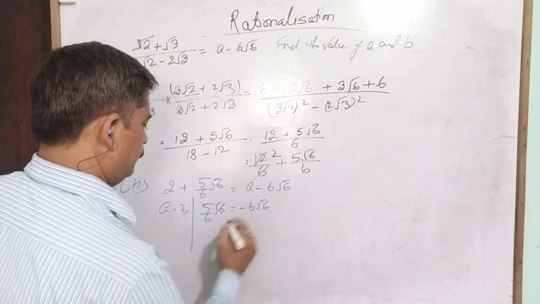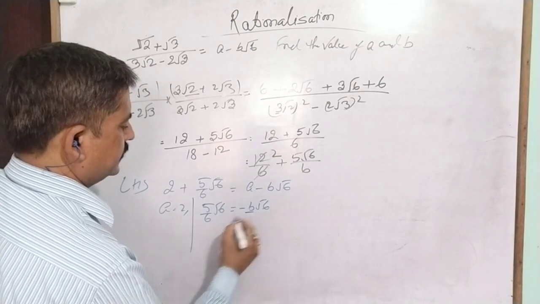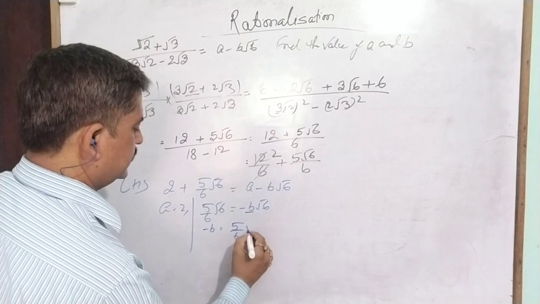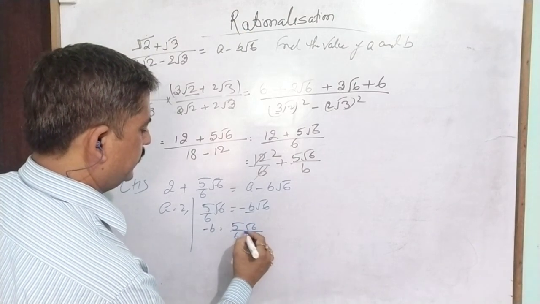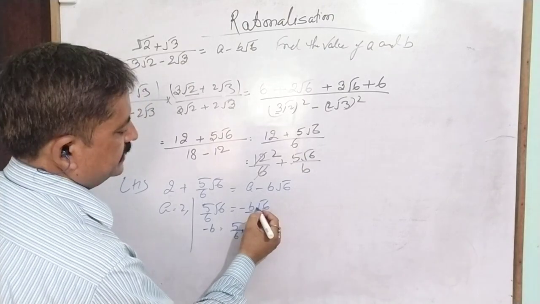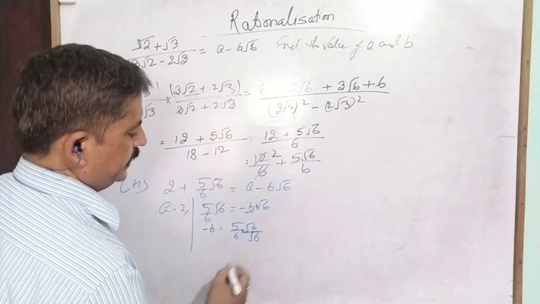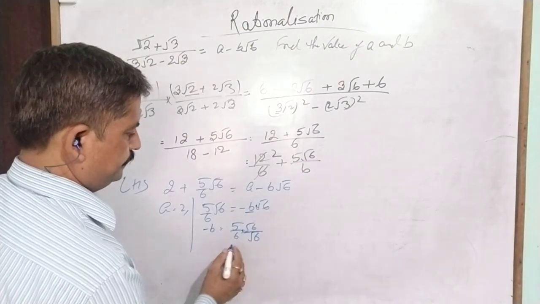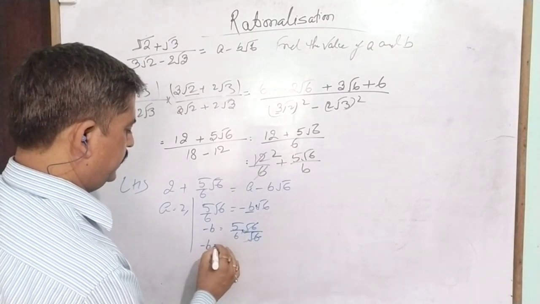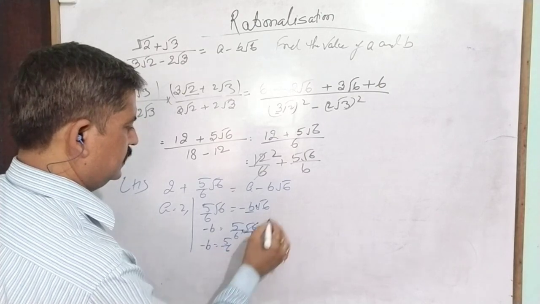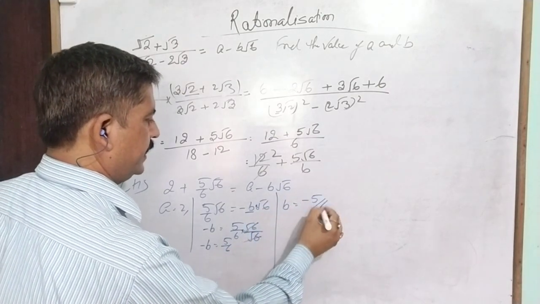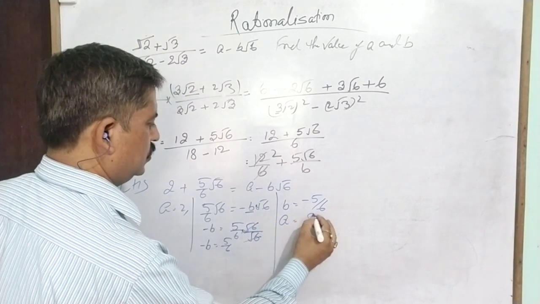So minus b equals 5 by 6 √6 divided by √6, because the √6 is the product with the minus b, the √6 cancels. So minus b is equal to 5 by 6. So we write b is equal to minus 5 by 6 and a is equal to 2.